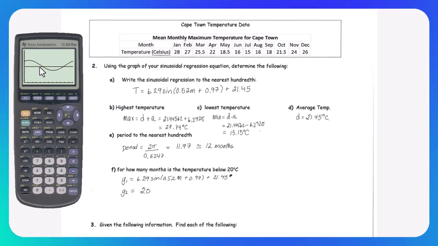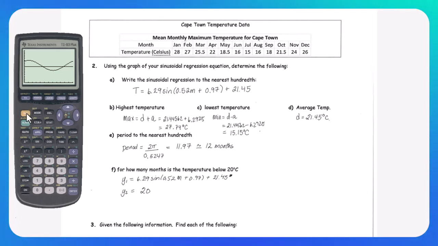So that's going to be from the first intersection right here over to the second intersection right here. Because remember, the x coordinate of that represents the time that 20 degrees occurred. So we're really dropping a line down to find the x value here and over here, and we're going to find the difference between those two values.